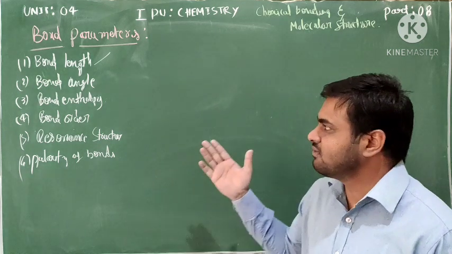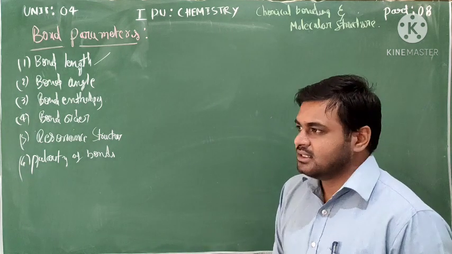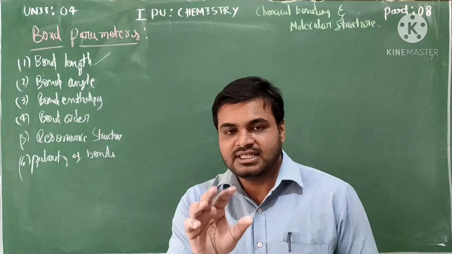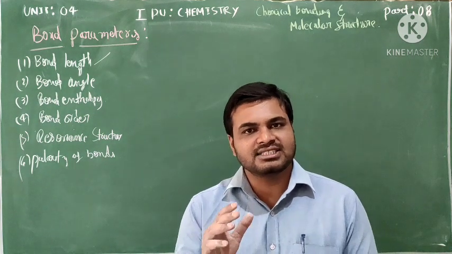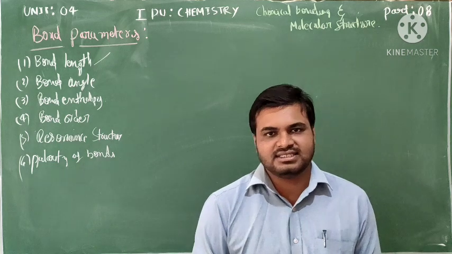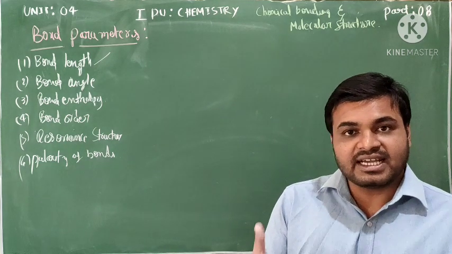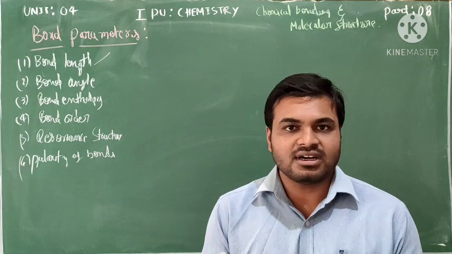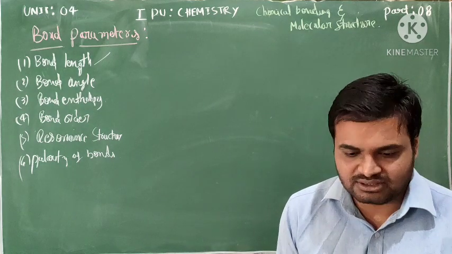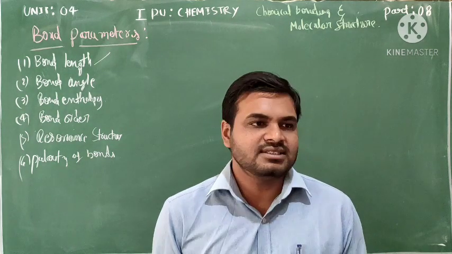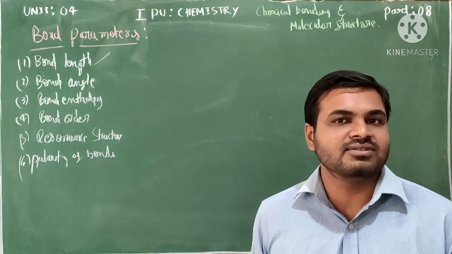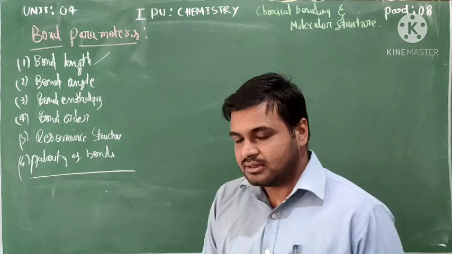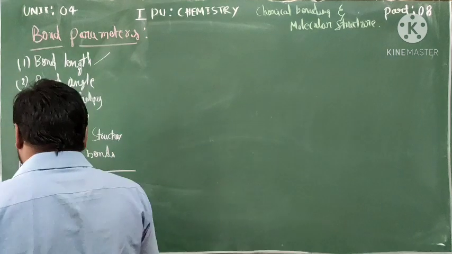Look at the covalent bond. Atoms and molecules are extremely small in size, so we can't directly see these atoms or molecules. So we use several techniques to study them.